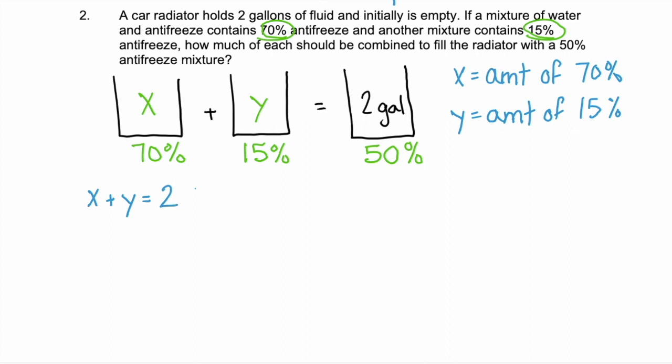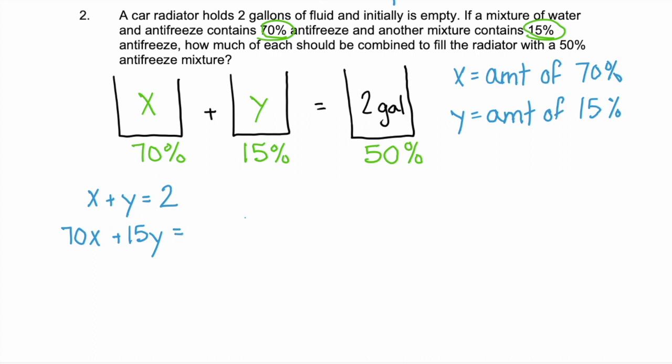Now our second equation is based on the mixture. So we need 70% of X. And remember the word of means multiply. So we need 70X and we need 15% of Y. So 15Y.